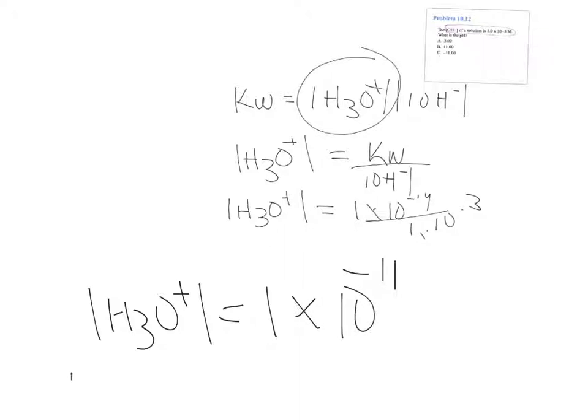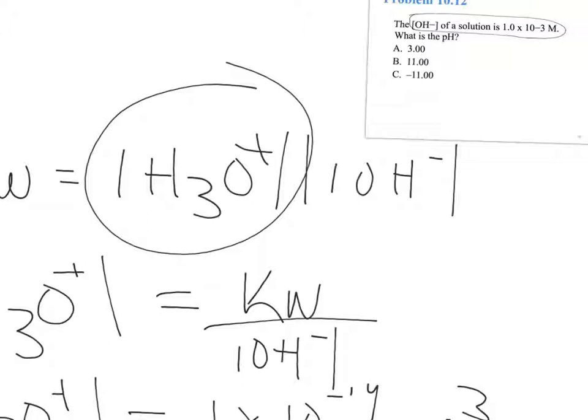Then we find pH is equal to the negative log of that, and when we do the math, we find that the pH is equal to 11, so the answer was option B.